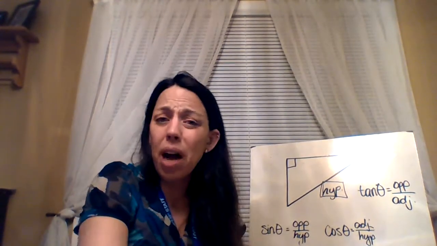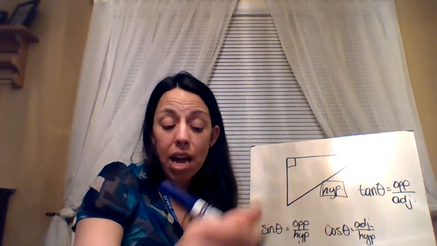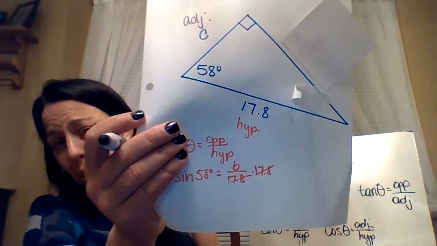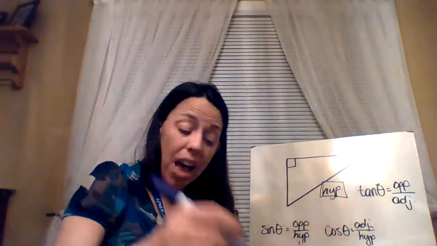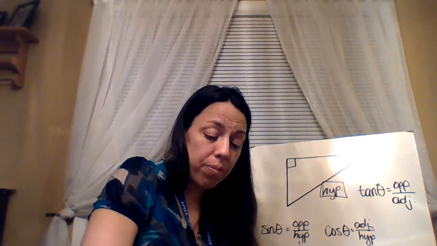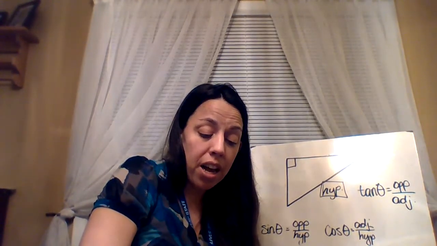If you notice here, I'm pretending I didn't even find part B yet. So I just wrote that since I have adjacent, and the 17.8 was really, really important. So I've never let go of the fact that I have that. Adjacent and hypotenuse would be cosine. So I would want to find the cosine of theta, and that would be adjacent over hypotenuse.